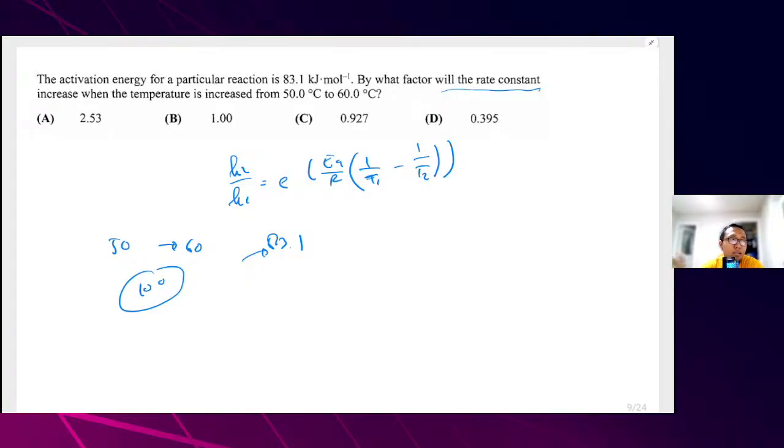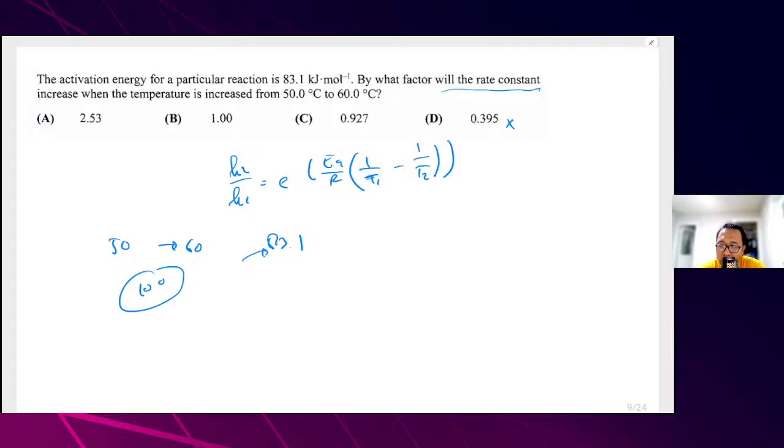Remember that the increase is 10 degrees Celsius. The activation energy is pretty high, which means it's very sensitive to temperature, and a small temperature change will have a big impact on the rate. So option D is a very big drop, which doesn't make sense for increased temperature.